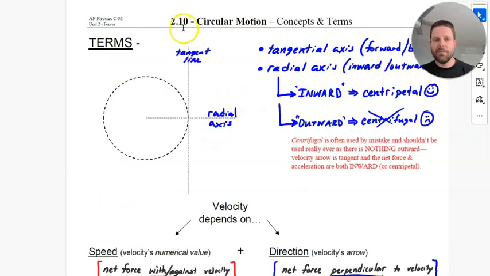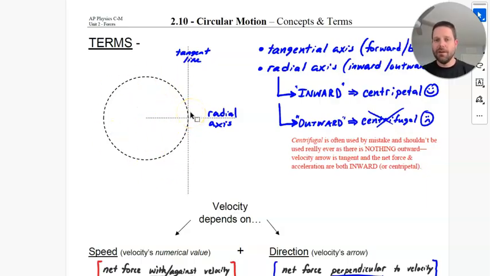And looking at this example back from Unit 2, when we did circular motion and first introduced these axes, if you have a circular path around, then you would have a tangent line, which defines our tangential axis. That represents the circularly moving object's forward and backward. So if it's speeding up, we would have an acceleration along the tangent line. If it's slowing down, we would have an acceleration that's pointing against the velocity's tangent line axis, right? The radial axis, meaning along the radius, which would be like inward or outward, is also necessary for this circular path.